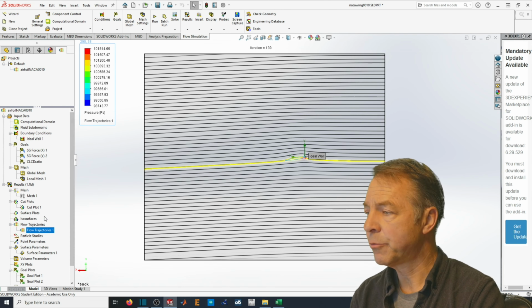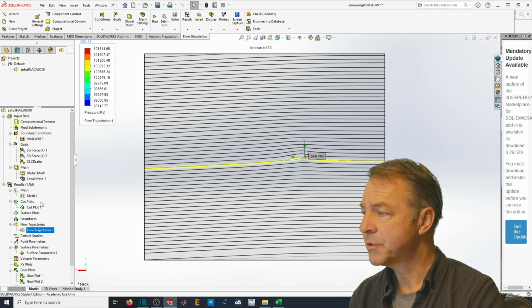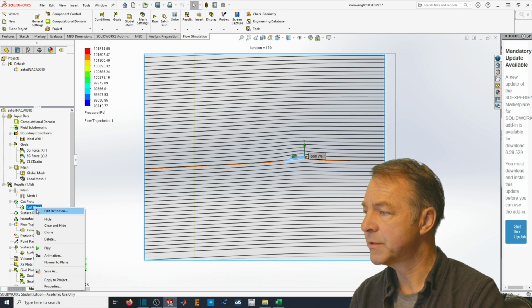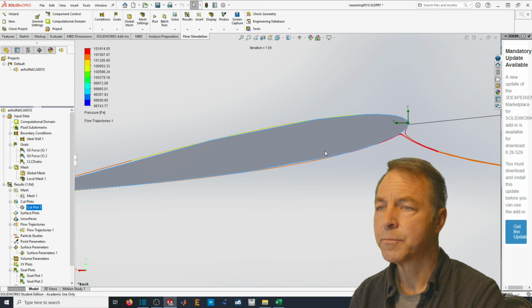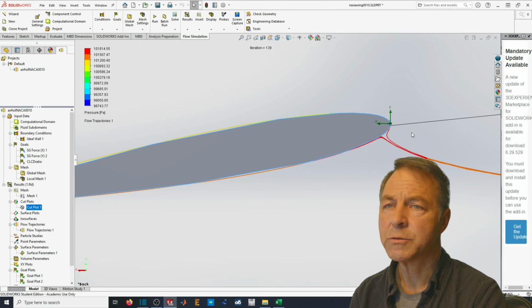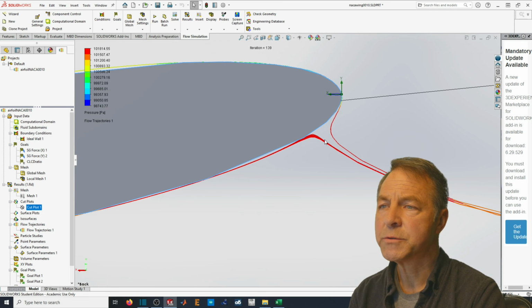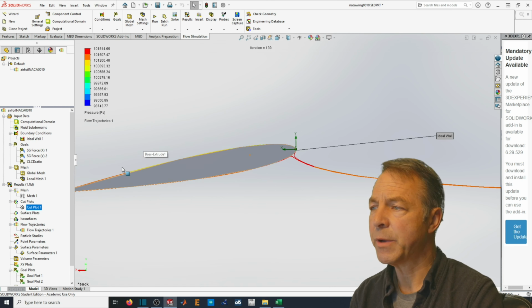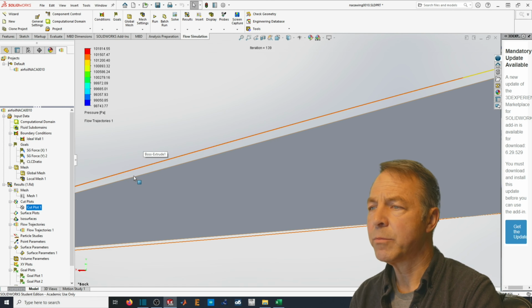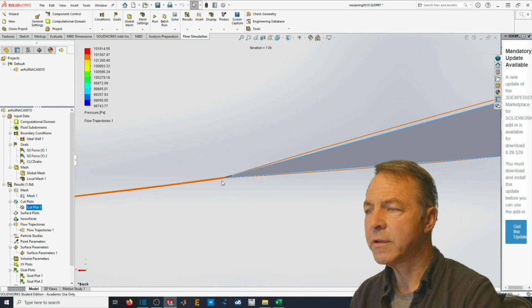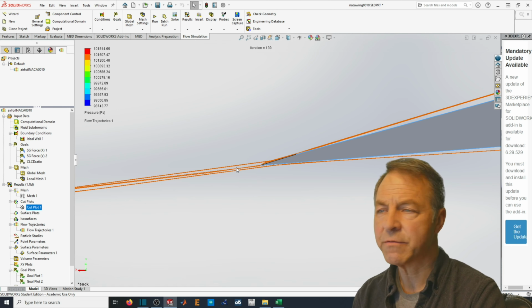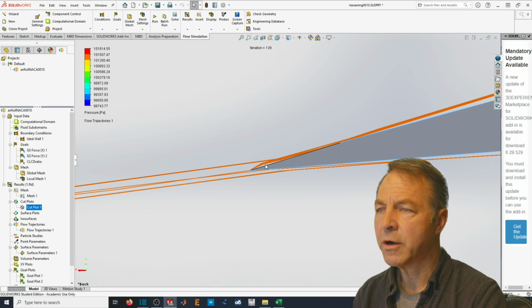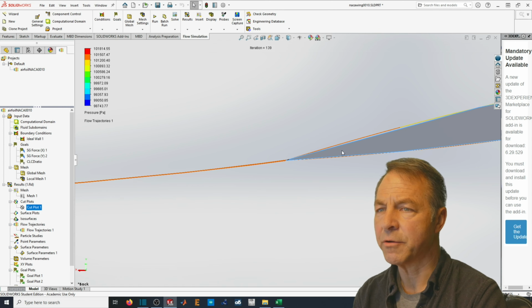Now if we look at the flow trajectories, and I'll just turn off the streamlines, and we look in closely, you can see that those trajectories on the boundary are pretty solid. There's nothing strange going on. And notice that the grid points are such that the streamlines off the tail of the surface are actually quite close together.